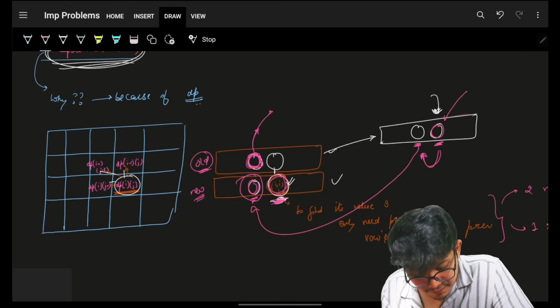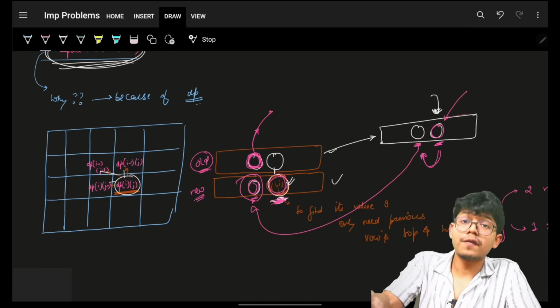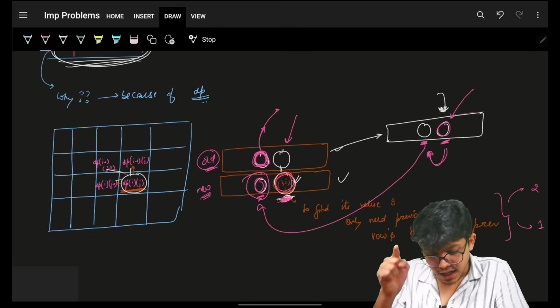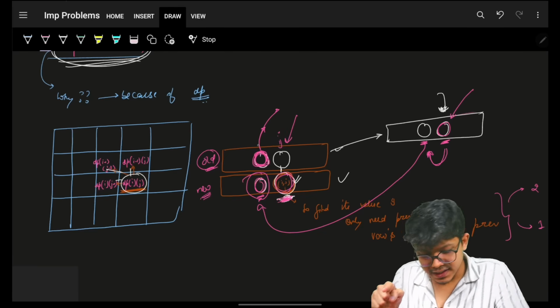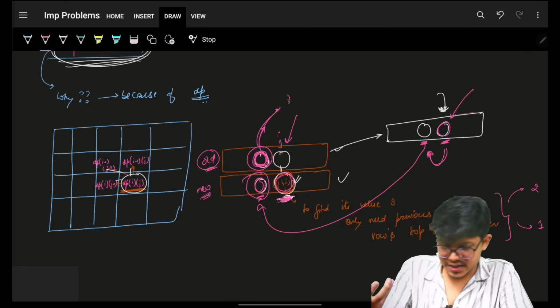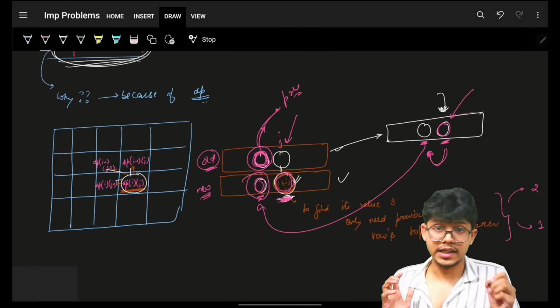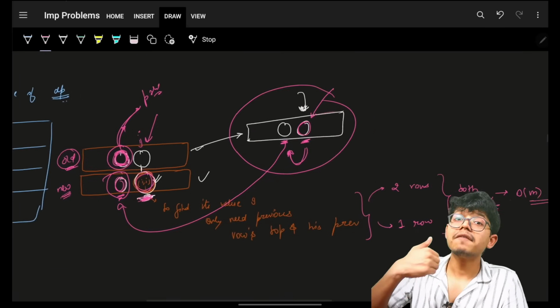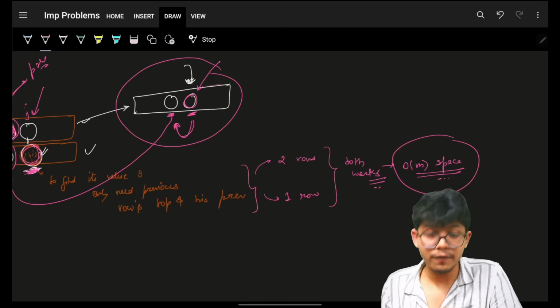The existing value, before updating this and finding the answer, will tell me the old array's jth value. And as I have stored this in another variable called previous, I will just take that from my previous variable, and thus I can do it in one array also. Still, more or less, I have reduced the complexity to O of m space.